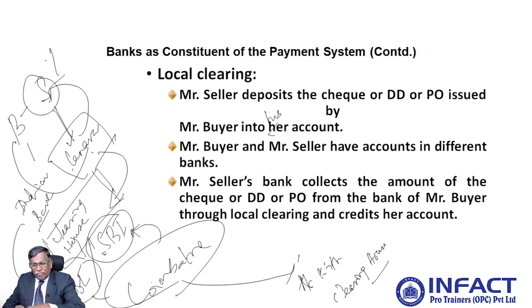So what will happen? In the clearing house account of Indian Bank, there is a debit. For the equal amount, there is a credit in Canara Bank's account with the clearing house. So the clearing house money goes to Canara Bank. Canara Bank in turn gives the money to the customer. That is the way local clearing transactions happen. So the money moves from one person to another person. Okay? Understand? Fine.